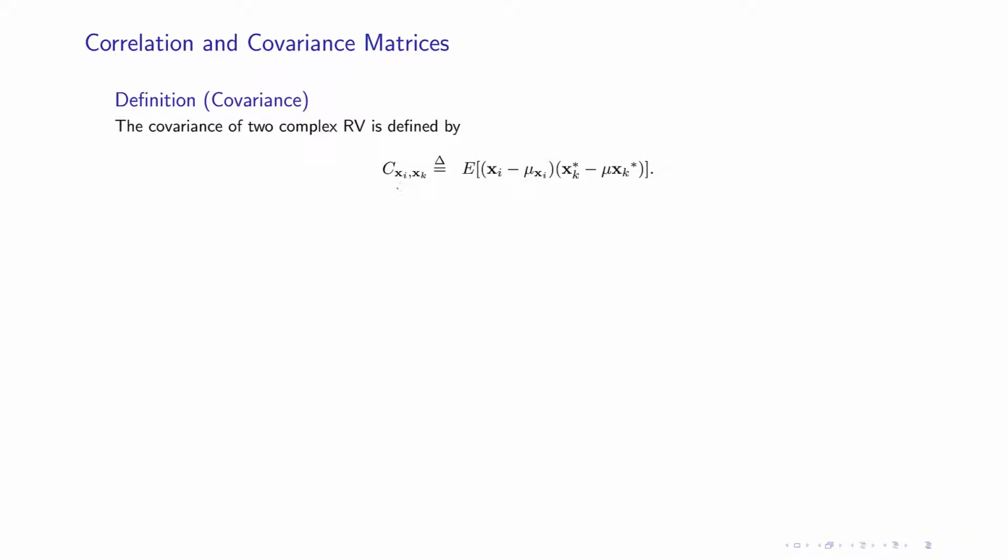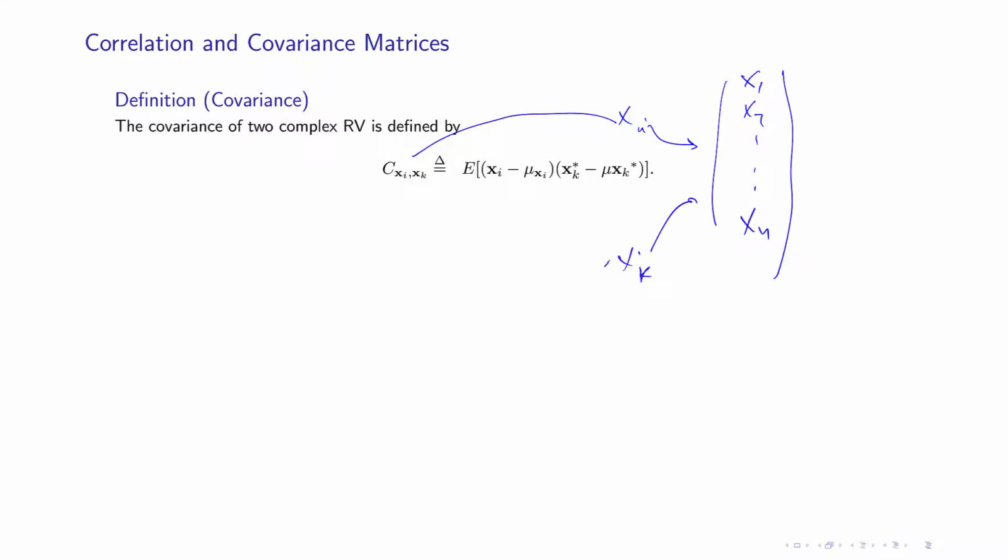If you have x1, x2, up to xn, consider one of them, let's say xi, and then another of them, xk. You calculate the deviation of the first one from its mean, and the deviation of the second one from its mean.